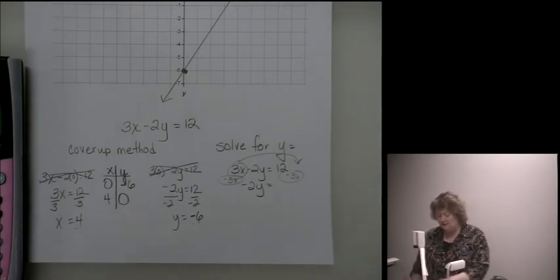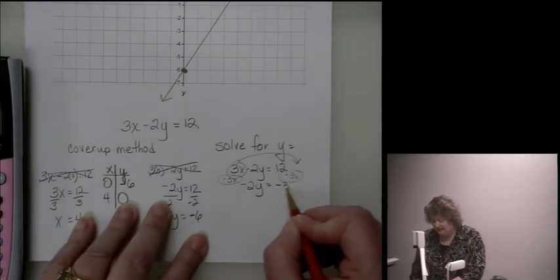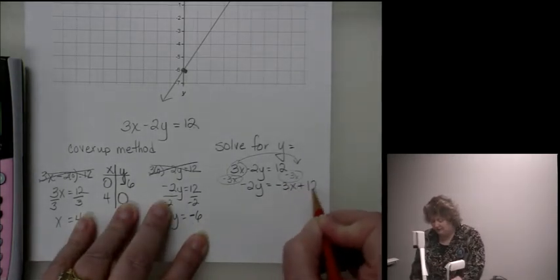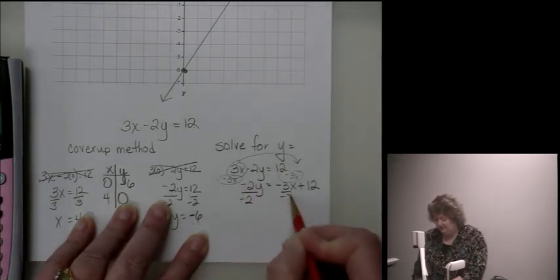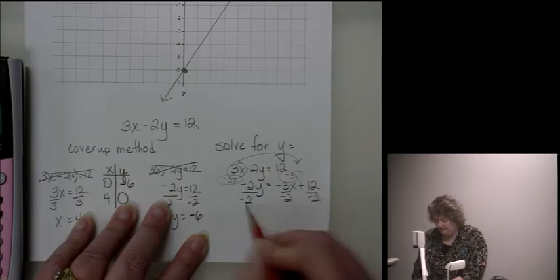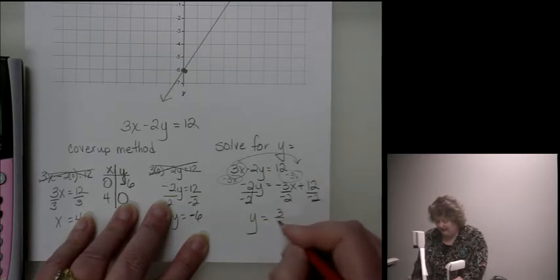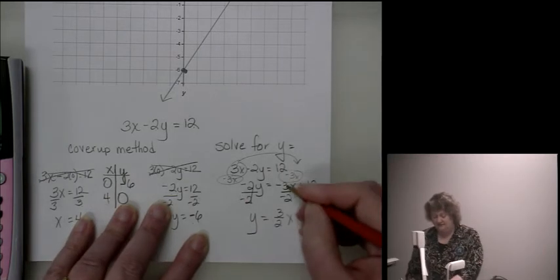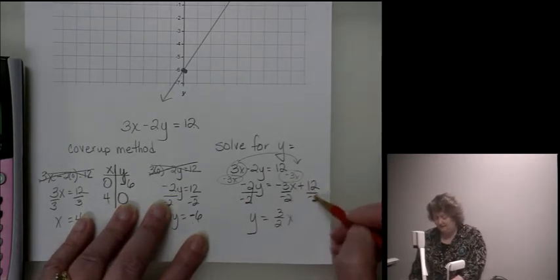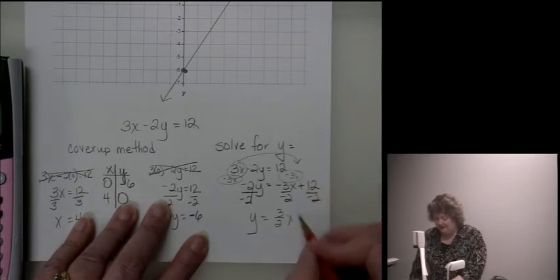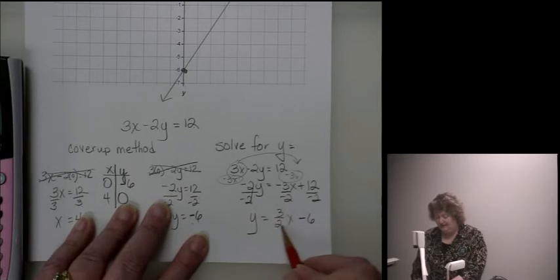So it comes across the equation and it becomes negative 3x plus 12. Then we divide by negative 2, and y equals positive 3/2 x, because a negative divided by a negative is a positive. 12 divided by negative 2 is a negative 6, and we get 3/2 x minus 6.